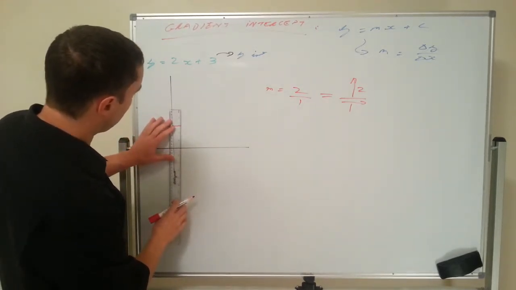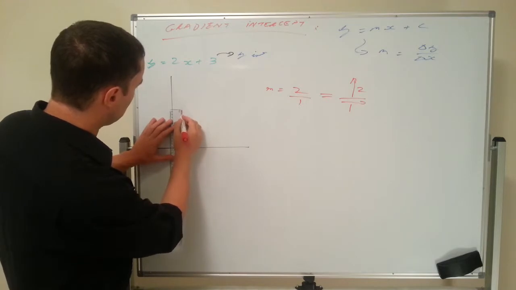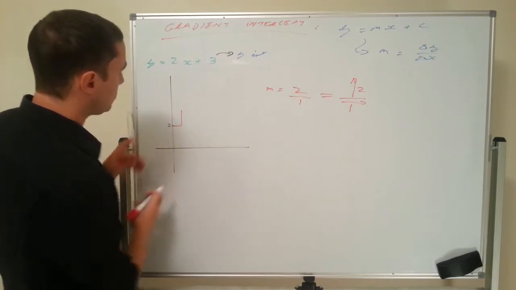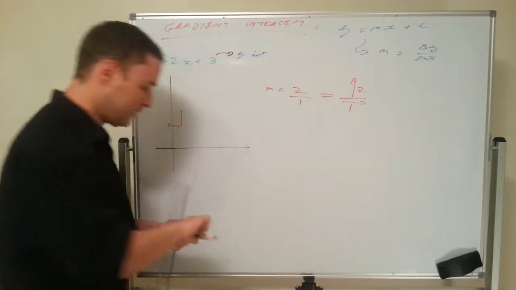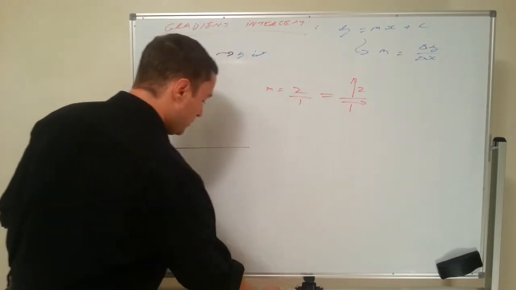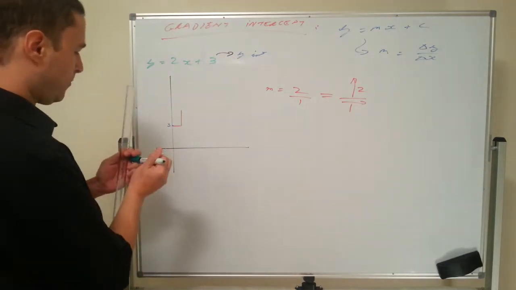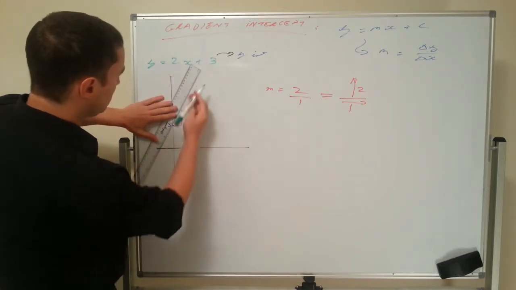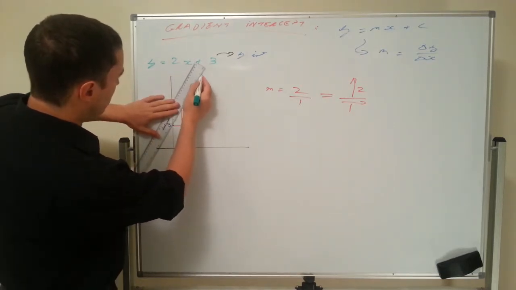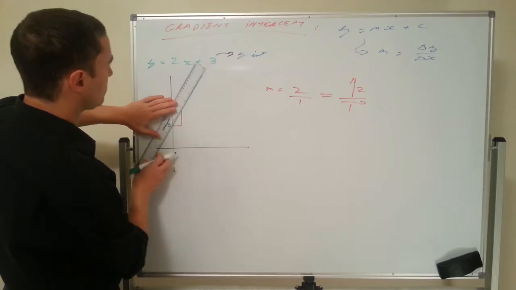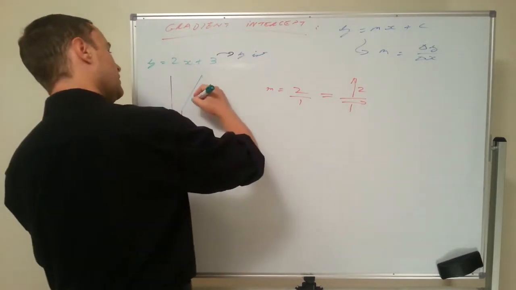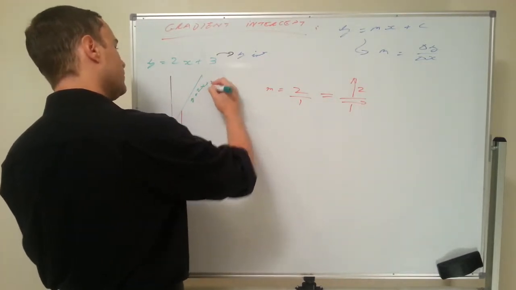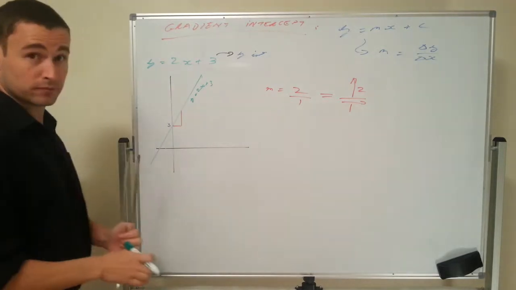Across 1, up 2. There's my line. All I have to do is join the top of my gradient through my intercept, and that there is y equals 2x plus 3.